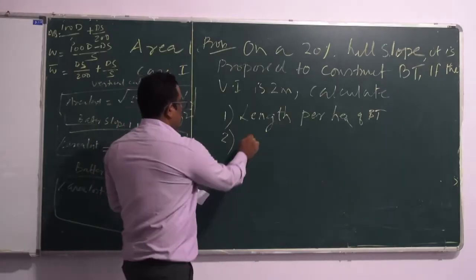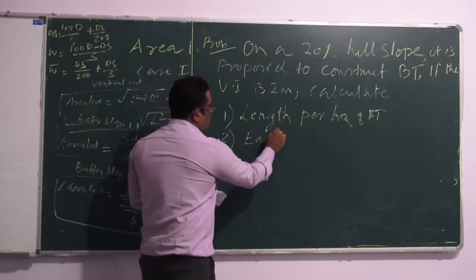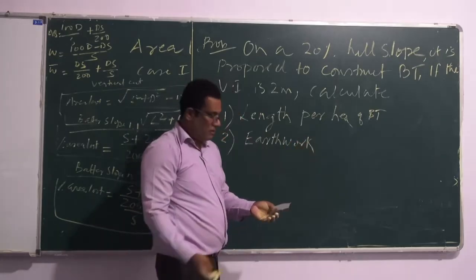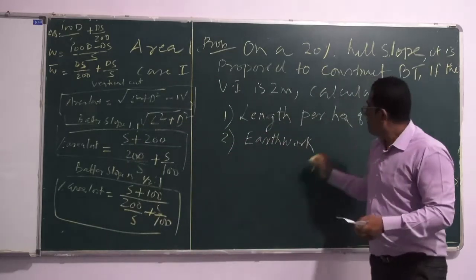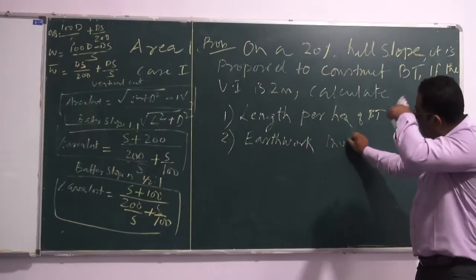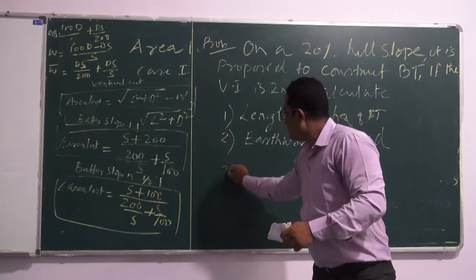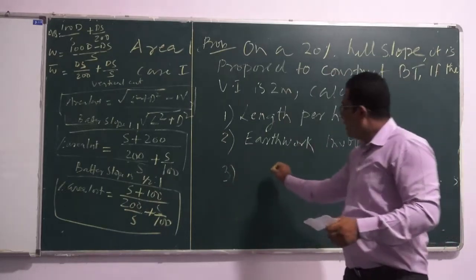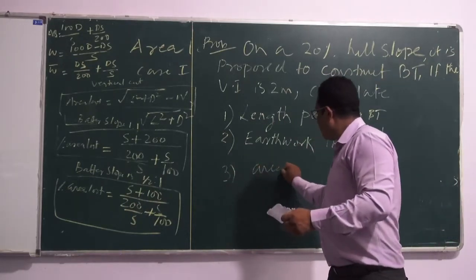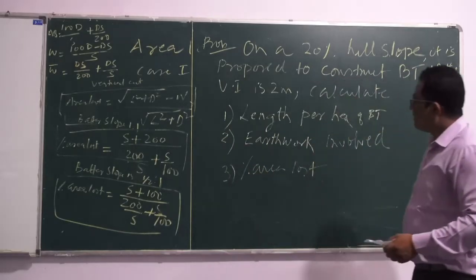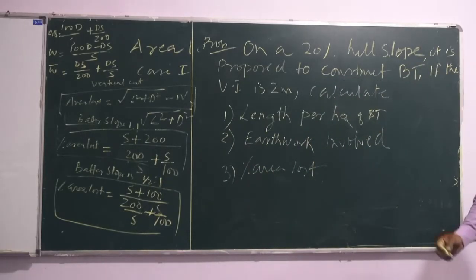Second, earthwork involved. And third, area lost. What percent area lost? These three things you have to define.